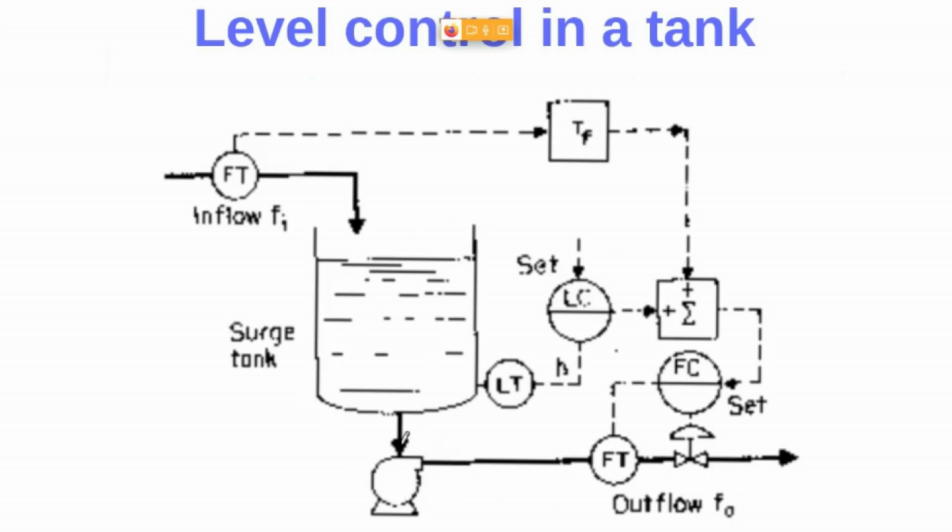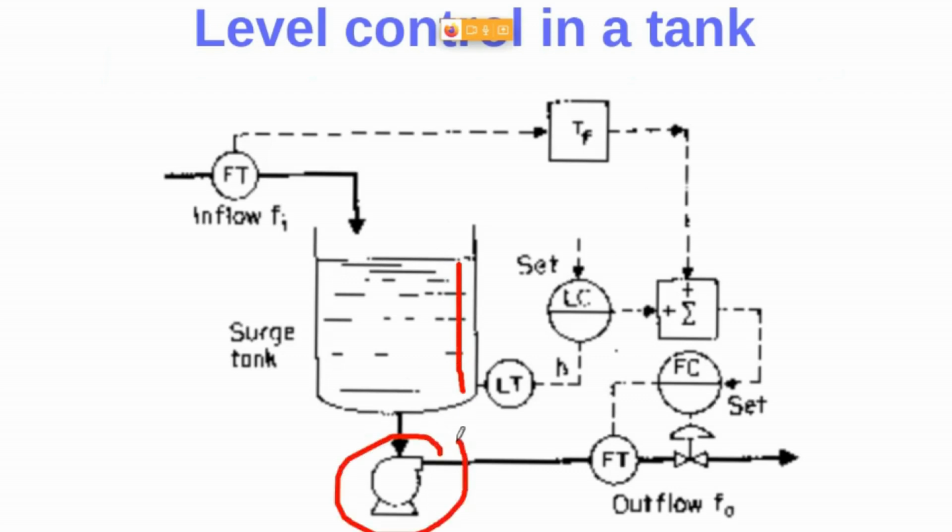The aim of this pump is to make this outflow linear, right? Because if you don't put a pump and you just put a valve, the outflow will depend on the square root of the level in this tank, from the water level or the liquid level in this tank.